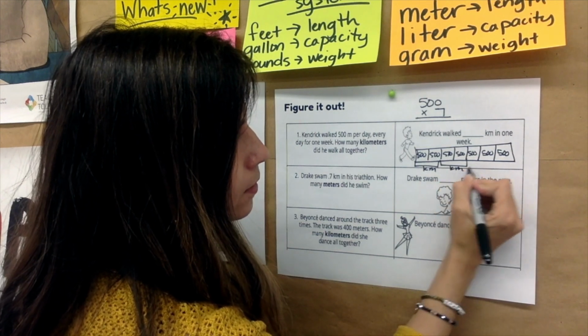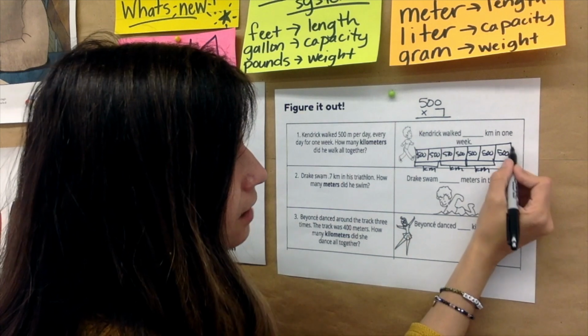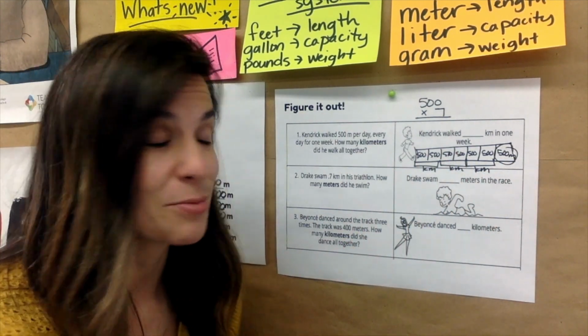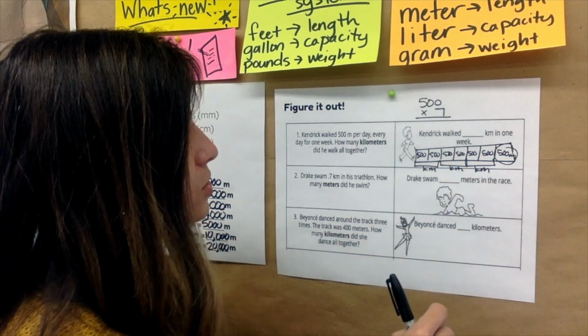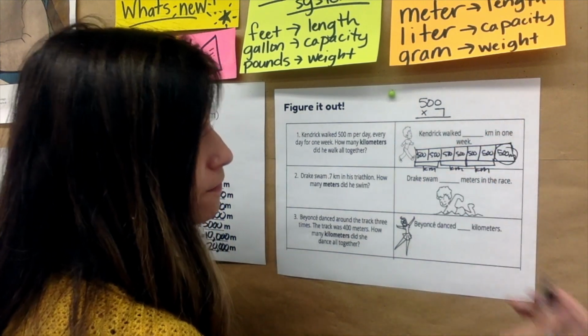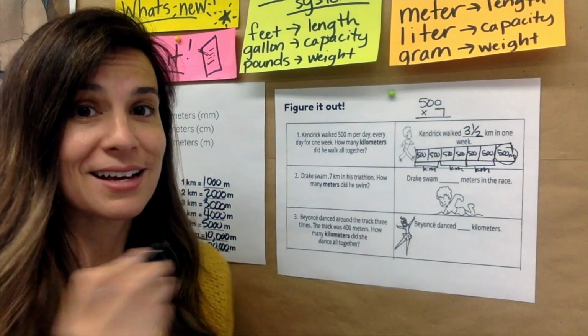Another km. Another kilometer, and then I have 500 meters left over. So let's go back and count how many that is. 1, 2, 3, and 500 meters. So that would be half of a kilometer. So I'm gonna write 3 1/2 kilometers.